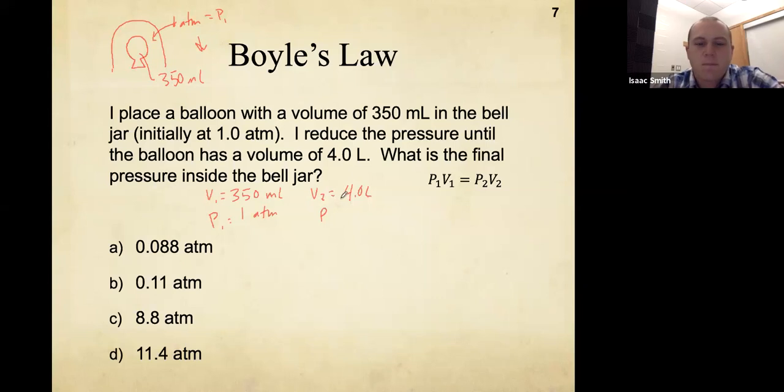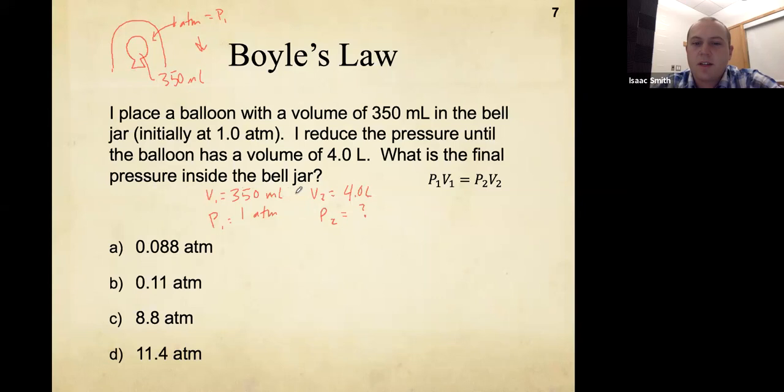Right? So P2, we're going to be solving for the final pressure here. Again, you've got 3 numbers, and you'll be plugging them in. The only thing you have to pay attention to is you always want your units to be constant in these problems. So here we have milliliters and liters. We can't just plug these into this equation.